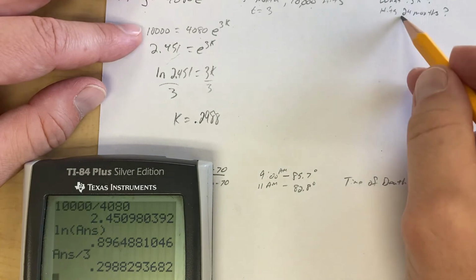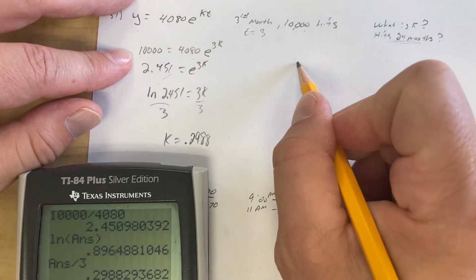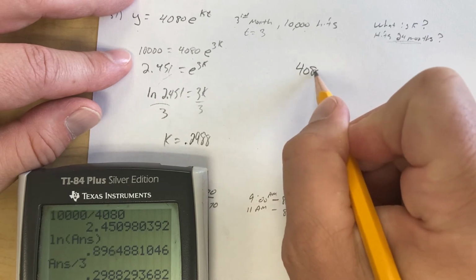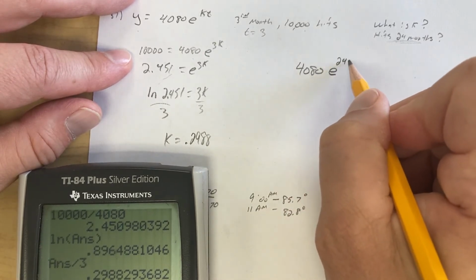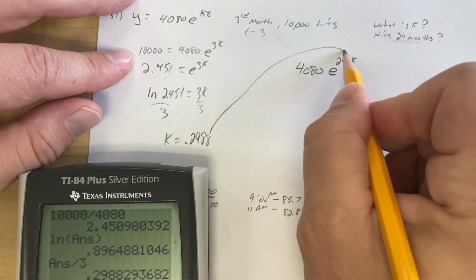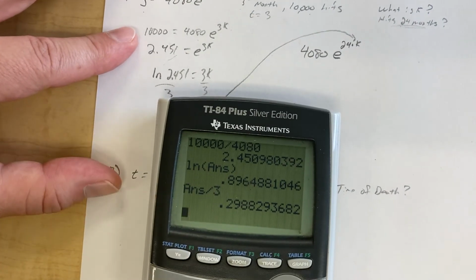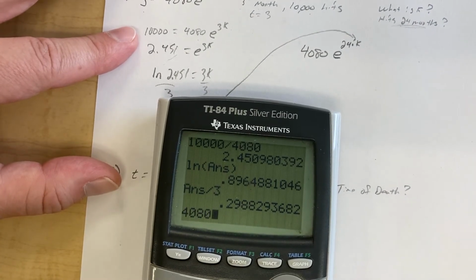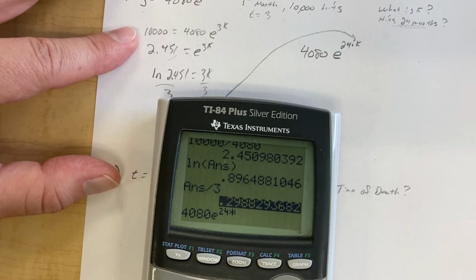So the next question says, what would be the hit rate in 24 months? So we're going to use 4080 times e to the 24 times k, with k being this number right there. So on the calculator, what we're going to do is go 4080 times e to the 24 times, and this number right there is the k value.